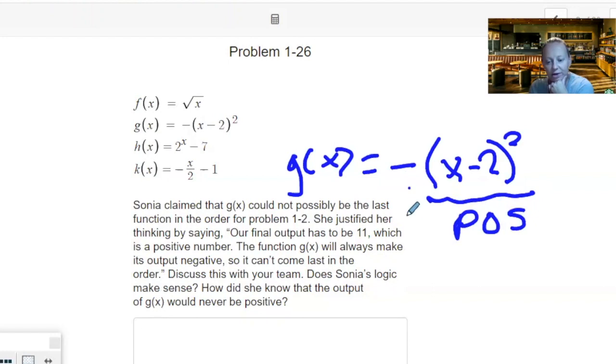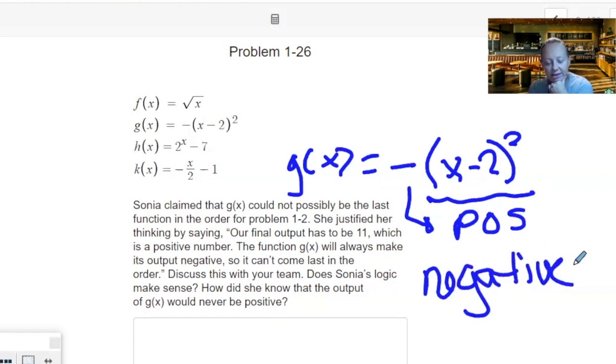But then when you bring down that negative, a negative on a positive number makes always a negative value. So does Sonia's logic make sense? Yep, Sonia's correct. Why? Because that negative hanging in front of always a positive number will make the output always negative.